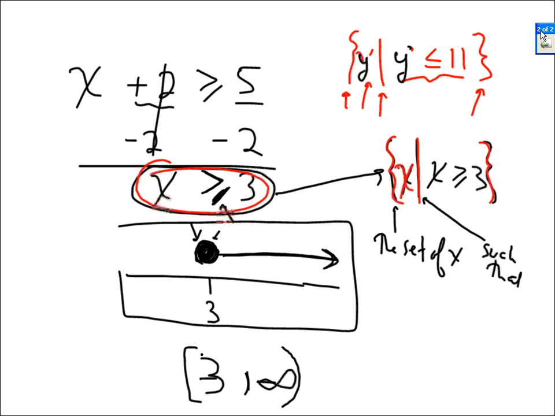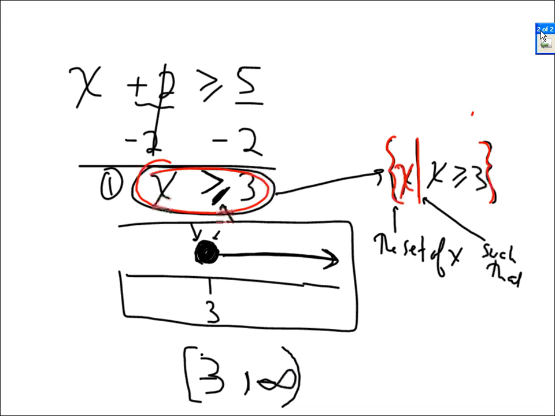That's called set builder notation. I'm going to erase that, and there are 4 different ways of writing down the answer. You will have to find the first one first. Here's the second way of writing the answer, the third way, and the fourth way is kind of immediate.